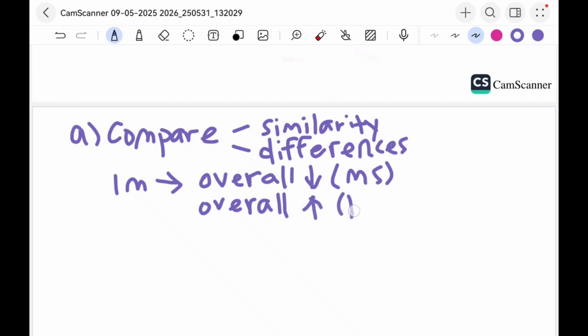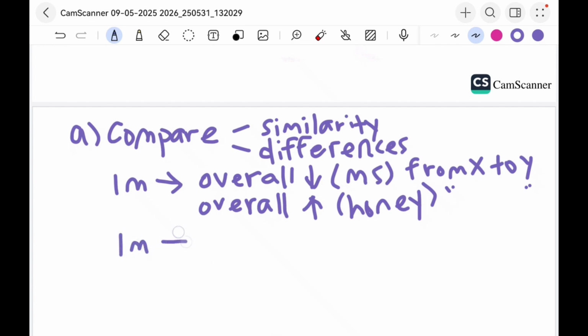So do include the data to say that it increased from X to Y. Then this is the same. Decrease from X to Y and increase from say A to B. So cite the information, then talk about how you have derived this from table 1. So when you compare, always go broad, then go deeper. Okay, so this is your first mark.